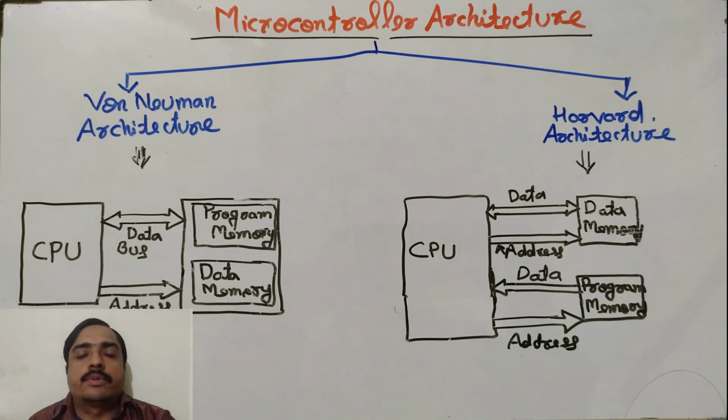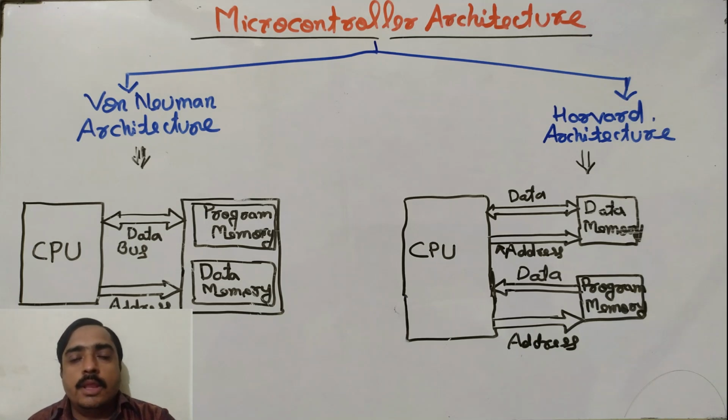First of all, you should know what program memory is and what data memory is. Data memory is just like a RAM, random access memory, and program memory is like ROM.